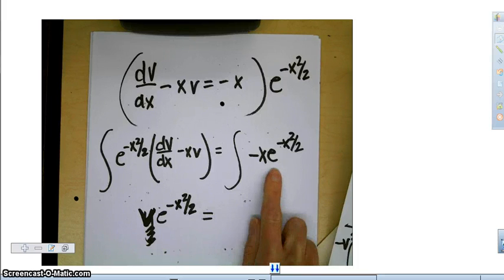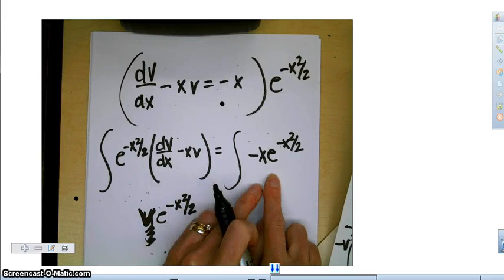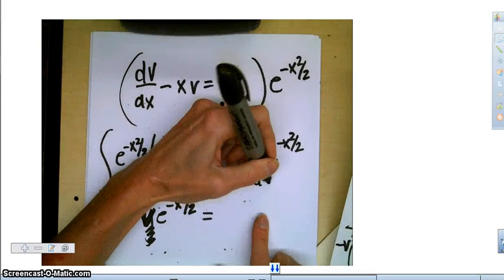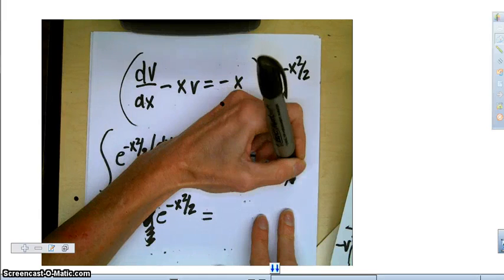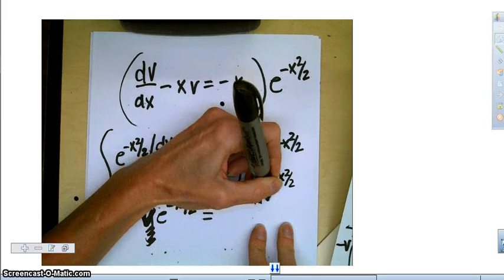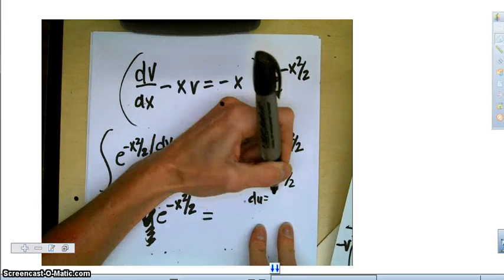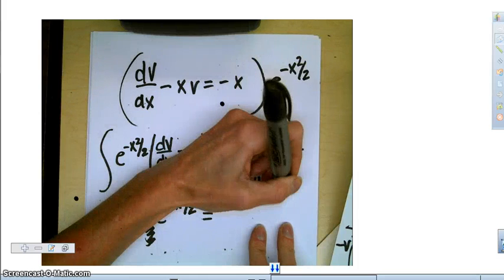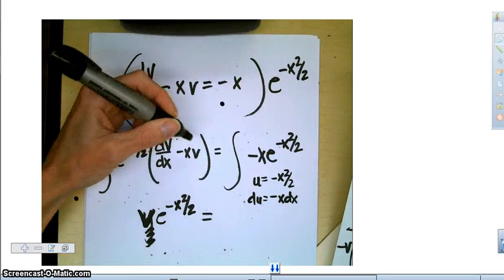What do we have to use for this antiderivative? Sam, what do we use? What is u? Negative x squared. Good. Du? Does this work out nice?